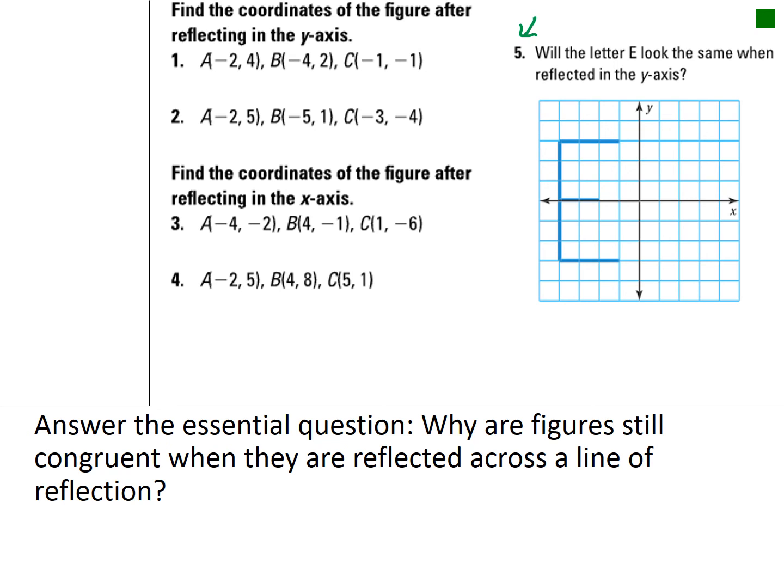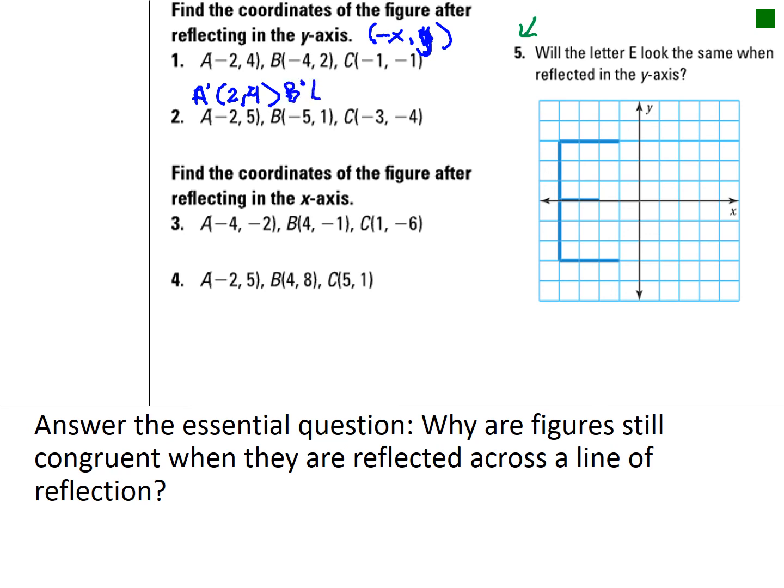You should have found that your coordinates for number 1 change. So A's image is going to be, when you reflect in the y-axis, you're changing your x values, so take the opposite of the x values. Hopefully you didn't graph them because it's much easier to go through with the ordered pair. So the opposite of negative 2 is positive 2, 4 stays the same.